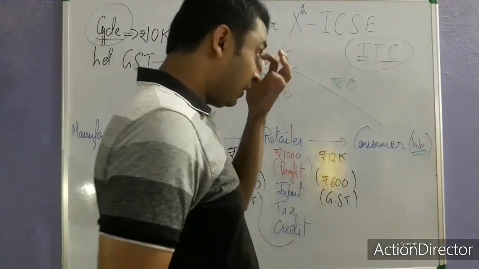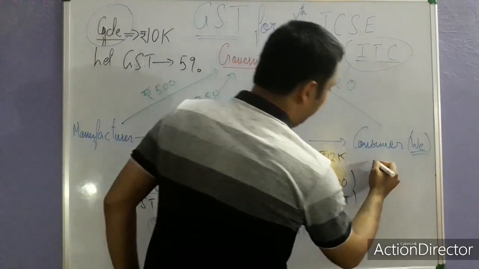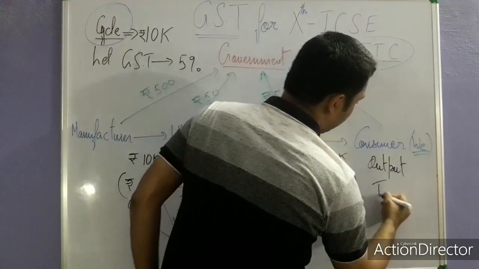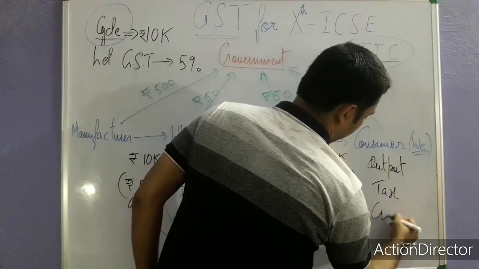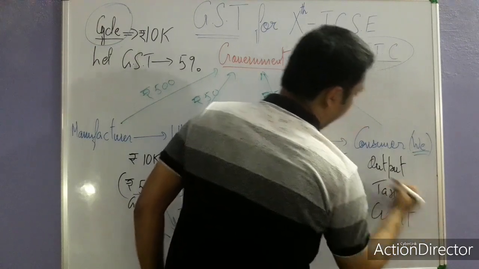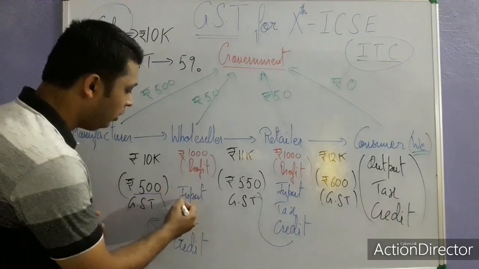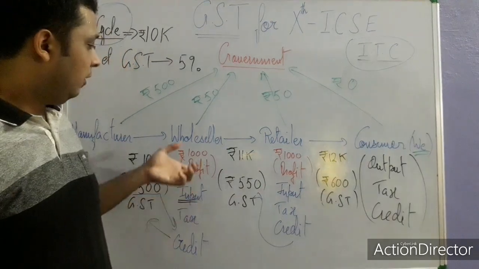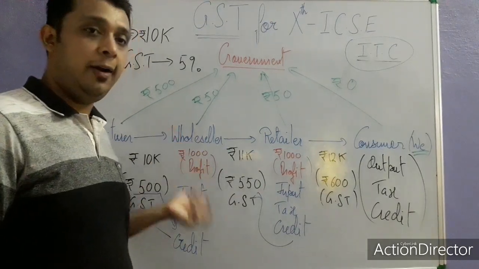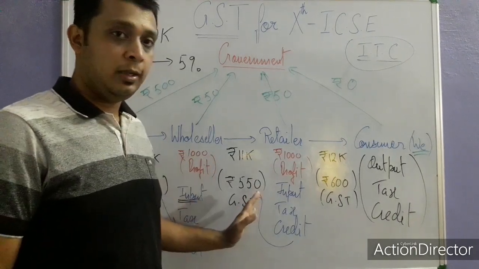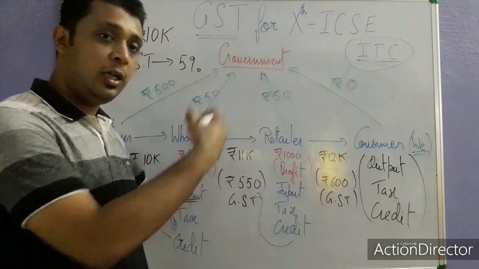Now another idea is there, that means output tax credit. Here the word input means that the item which we have, when we have the input tax credit, we can resell it, to get more GST to be given to the government.